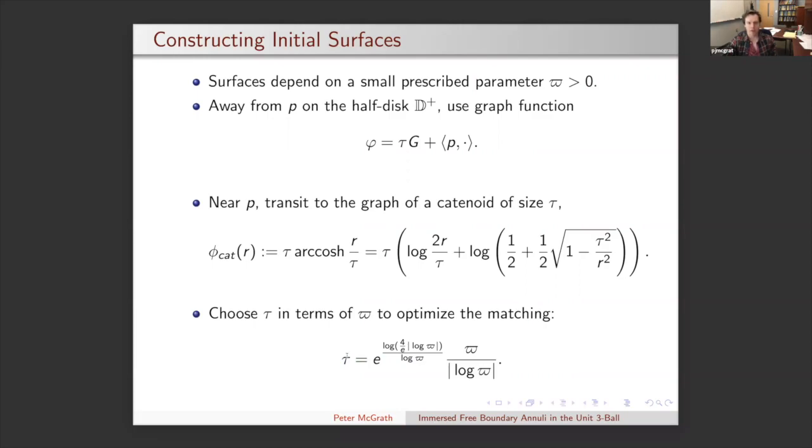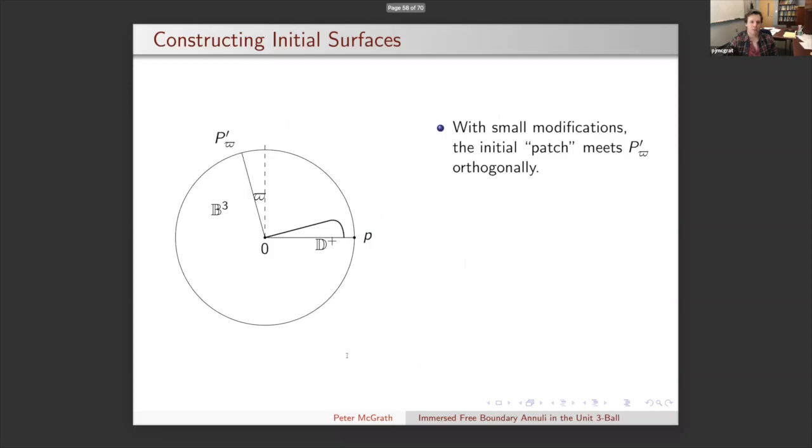When you go to the nonlinear level, you have to deal with nonlinear terms. So what you want to do is start with one of these initial surfaces, take a normal graph over one of these objects and perturb it to actual minimality.